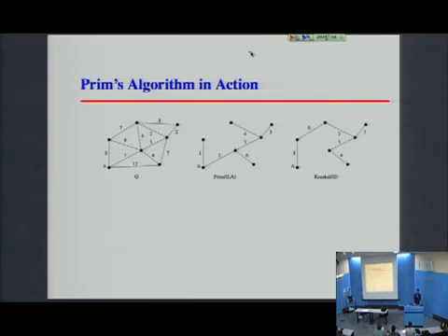Okay, so what is Prim's algorithm going to do? Let's take a look at the graph that we have up there. Let's say we start from the upper right-hand corner, the vertex that has the 5 and the 2 in it. In each iteration, we grow by adding an edge of minimum weight, connecting the tree that we have to what we don't have.